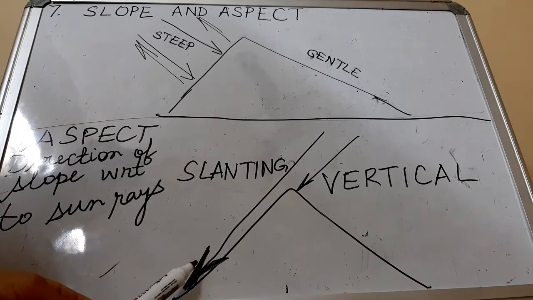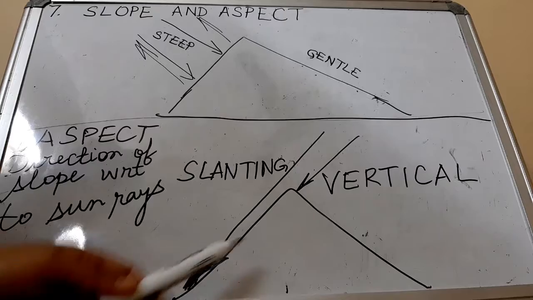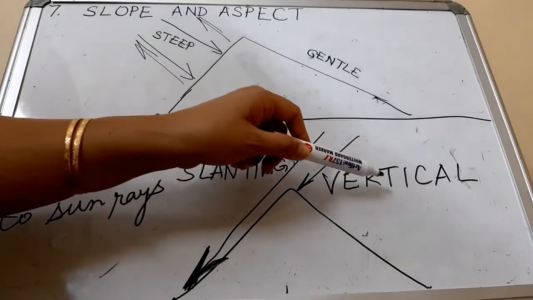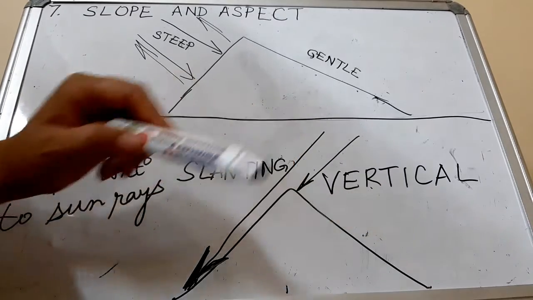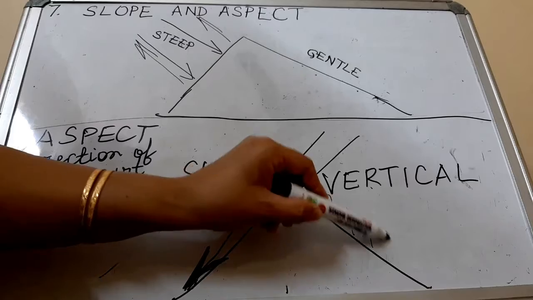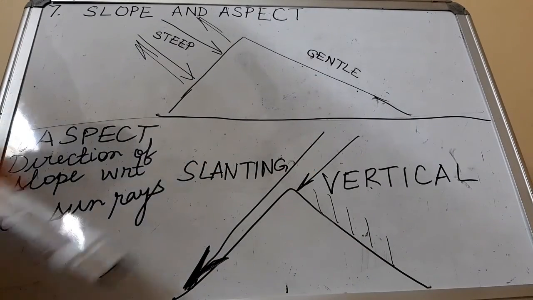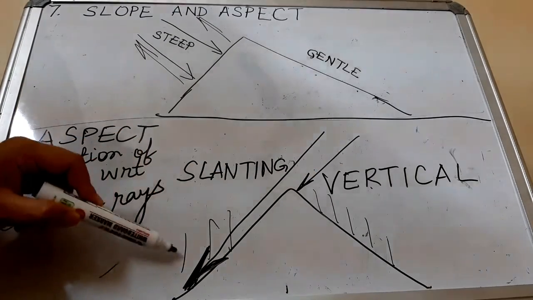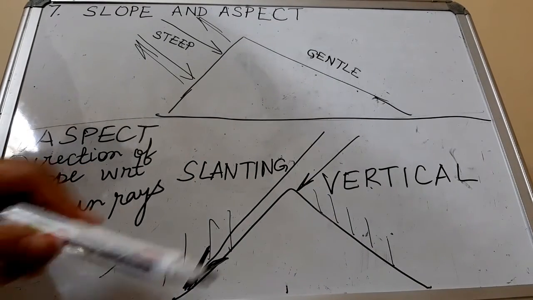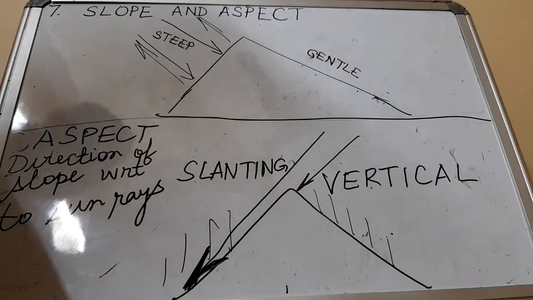What about the opposite slope? What about the other side? Here the sun rays are slanting, and we know vertical rays are warmer than the slanting rays. Hence this side of the hill is going to be warmer than this side. So this side will be comparatively cooler and this side will be warmer. So that's about the aspect.